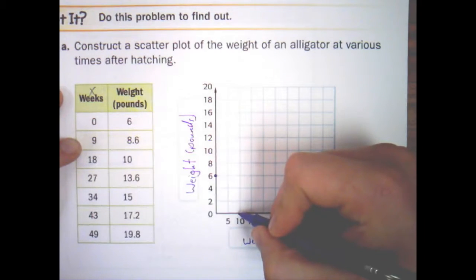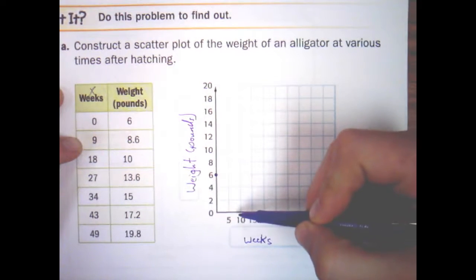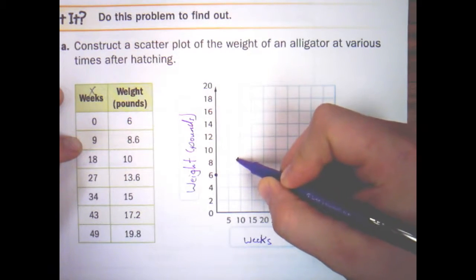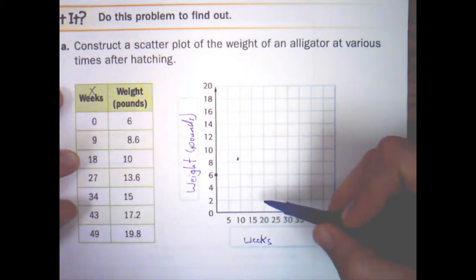At 9 weeks, it weighed 8.6 pounds. Now notice I can't get exactly to 9 and I can't get exactly to 8.6, so I'm estimating. Here's about 9, 8.6 is about right there. At 18 weeks, it weighed 10 pounds.